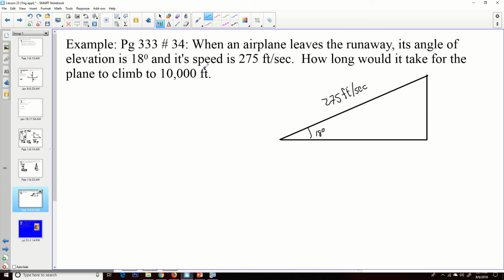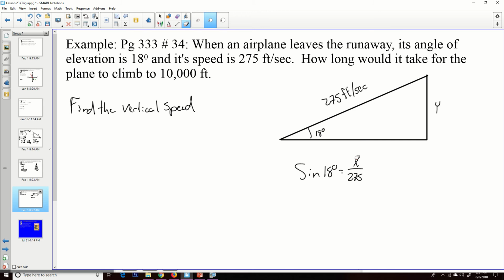Well, that's not too bad. What I'm going to do first is find the vertical speed, which we'll call y. Using the opposite side and the hypotenuse, the sine of 18 degrees is equal to y over 275.